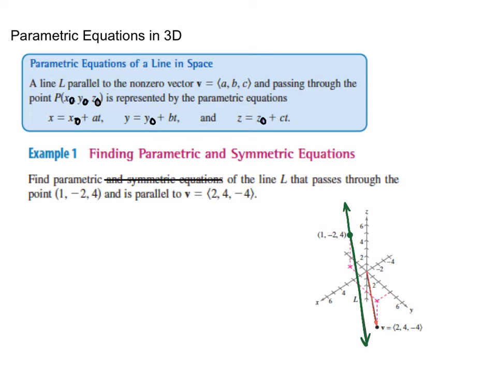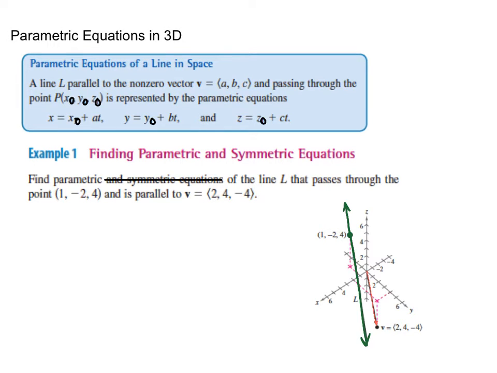It says here, if I have a direction vector ABC, and I want my line to go through the point x sub 0, y sub 0, z sub 0, okay, then the parametric equations are going to be x equals x sub 0 plus at, y would equal y sub 0 plus bt, and z equals z sub 0 plus ct.